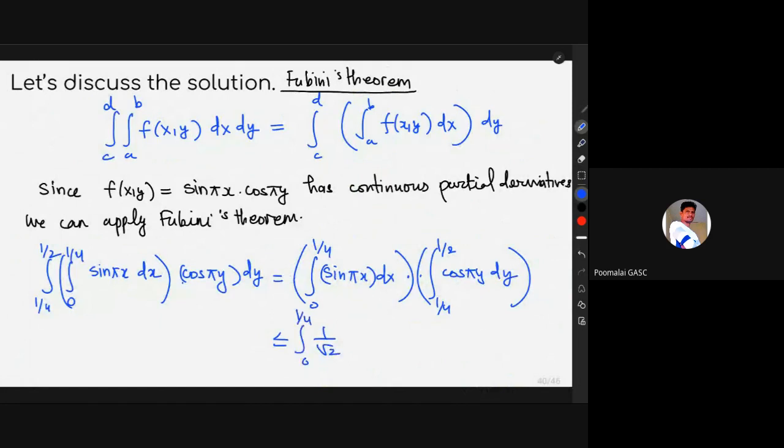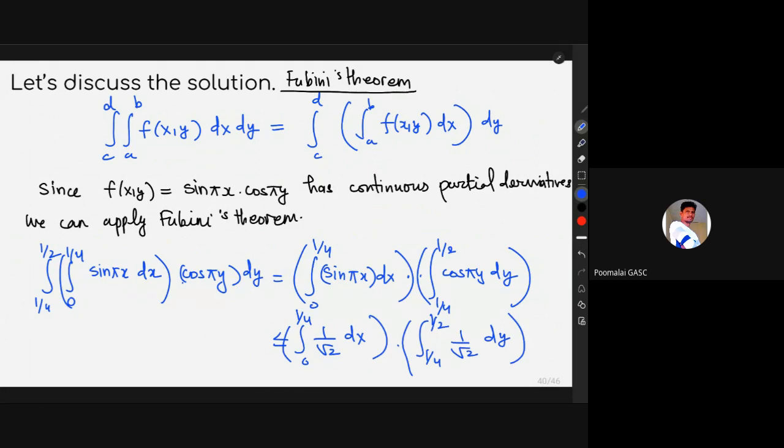So the upper bound is the integral from 0 to 1 over 4 of 1 over square root of 2 dx, times the integral from 1 over 4 to 1 over 2 of 1 over square root of 2 dy. The lower bound we will calculate later.